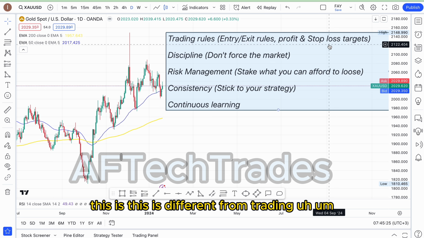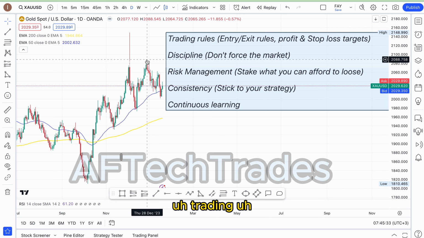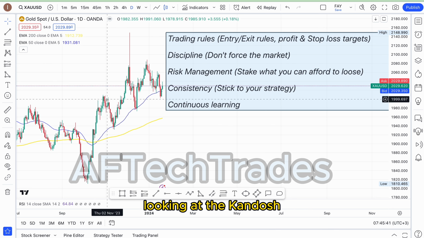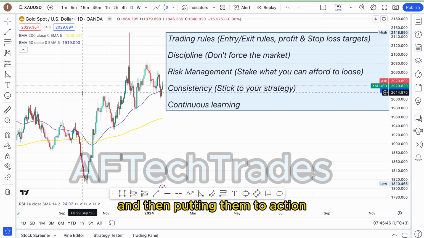This is different from trading technical charts only, or trading fundamental news only. This is strictly looking at price action, looking at the candles, what the candle is telling you, and then putting that into action.